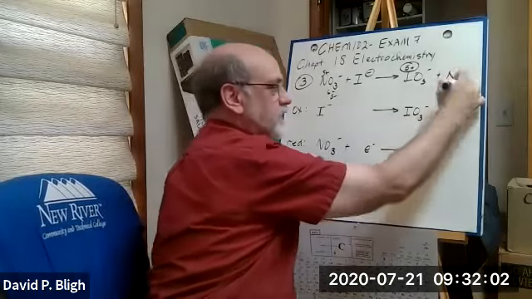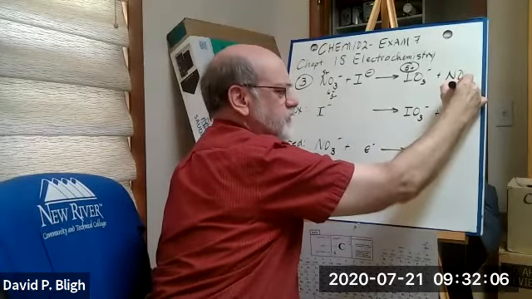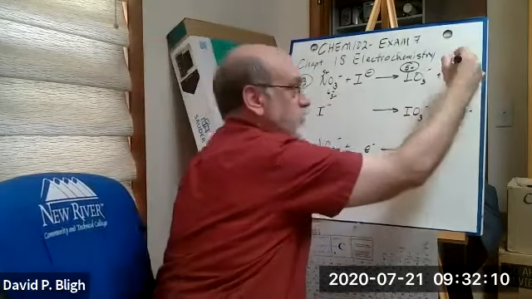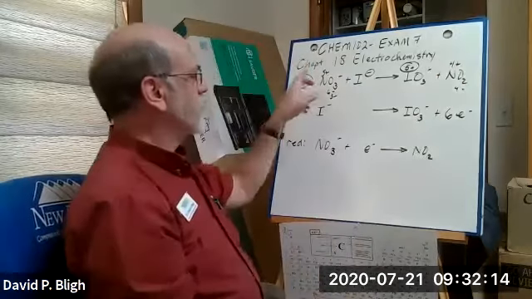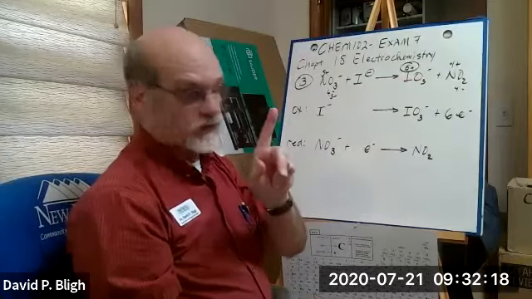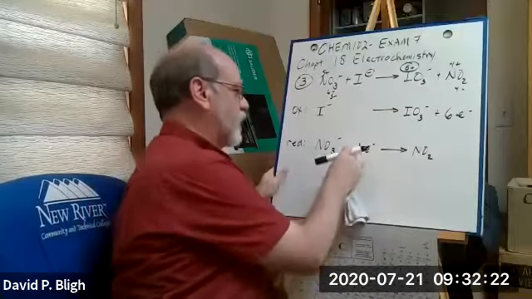Now what's this one? Well, let's see, 2 minus times 2 is 4 minus. It's a neutral molecule, so we have to have all of them balanced by that 1 nitrogen, 4 plus. So if we go from 5 plus to 4 plus, we've only gained 1 electron. You don't have to put a 1 here.